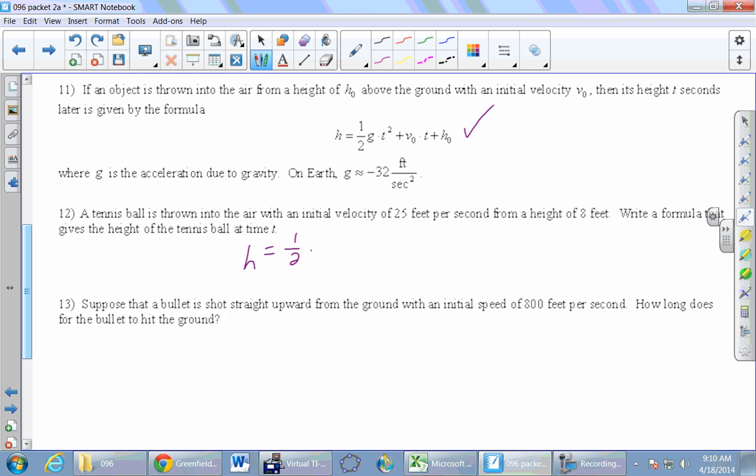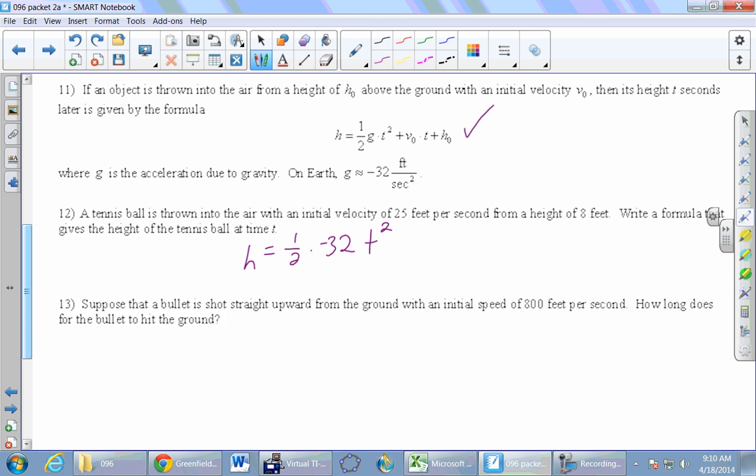G. Yes, it's a magic number that has to do with gravity, and here on Earth is always the same number. What is it? It's negative 32. It's just always negative 32 when you are here on Earth. So that G we'd always replace with negative 32. T squared is just T squared. So we're copying.